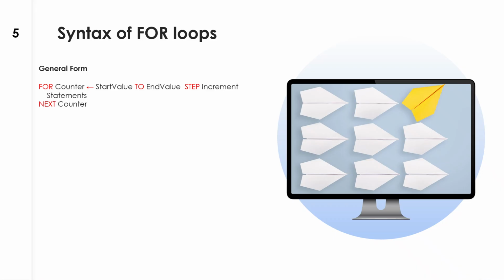This name of the variable can change according to the requirement as well. Followed by the arrow, and after the arrow the start value, wherever you want to start your loop, you put in that integer value here, followed by the keyword TO, and then the value at which you want to end your for loop.